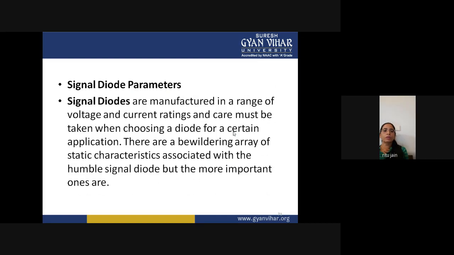So remember this: you must always consider the rating of any electrical or electronic component, so you can save that component or equipment from damage. Okay, so these are signal diodes.